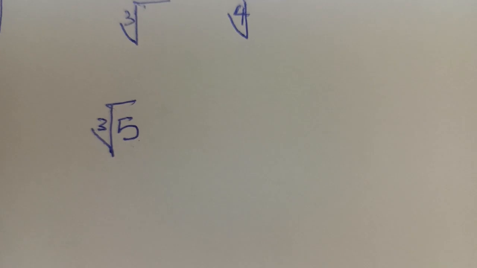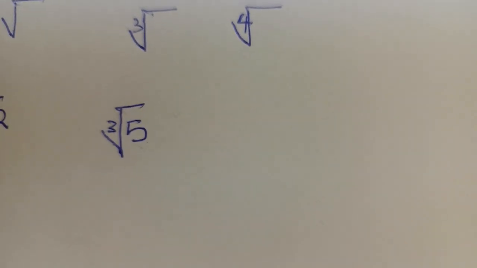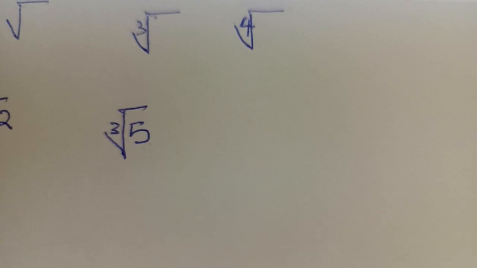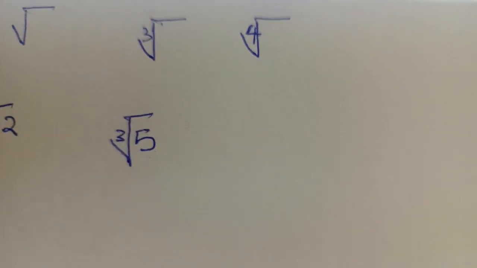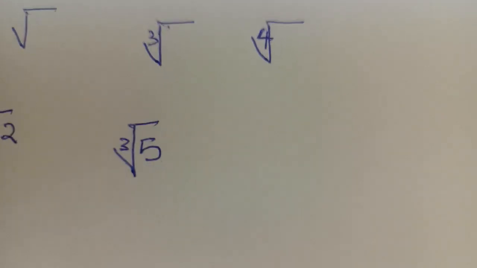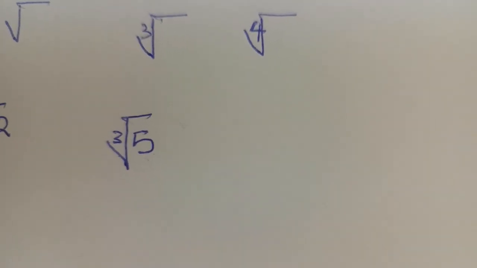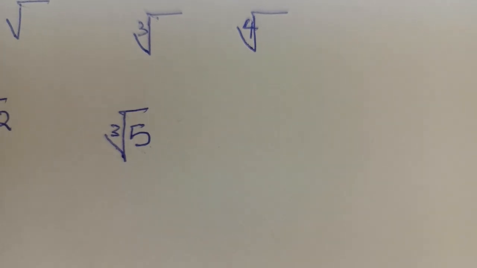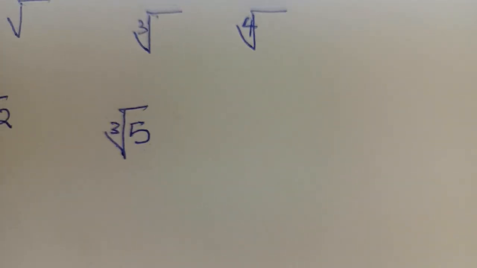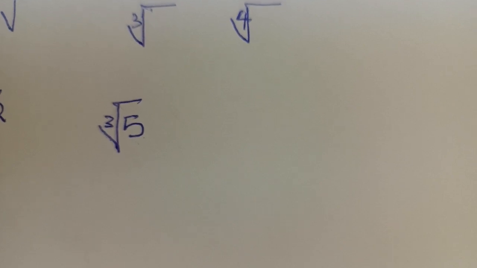To begin with, having known what a surd is, a surd is in its simplest form if the number under the radical does not have an exact root. What do we mean? I repeat that in almost all cases, we will be expected to express our surds in their simplest form.